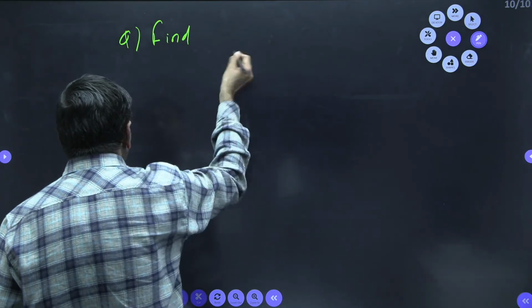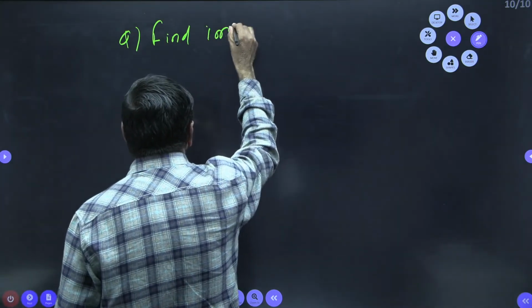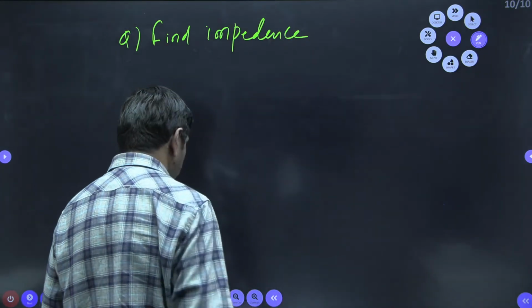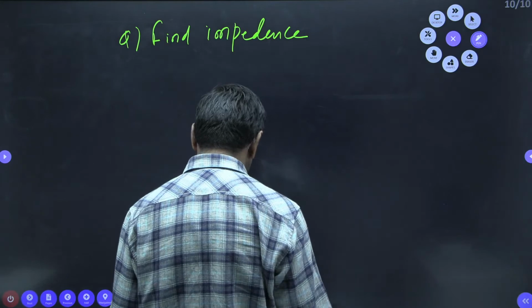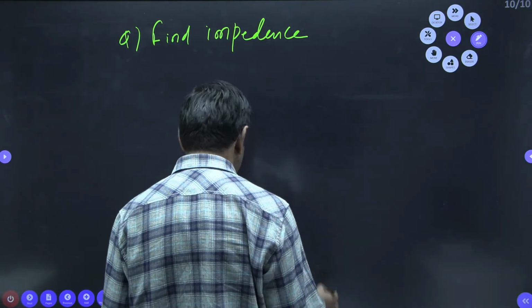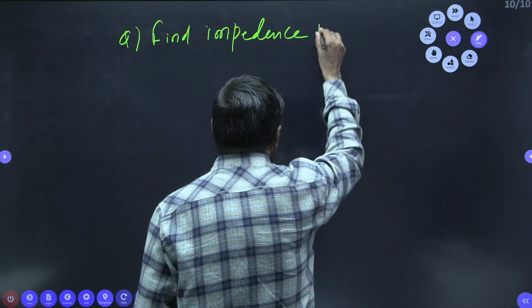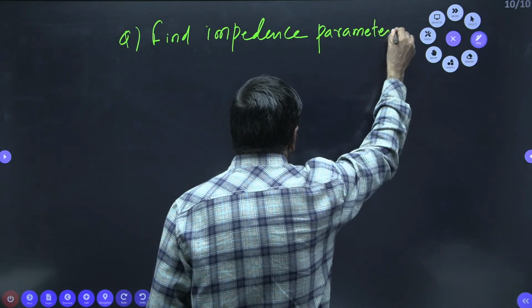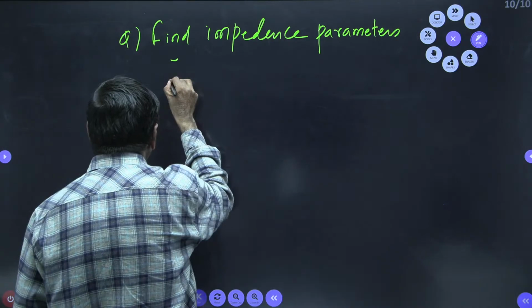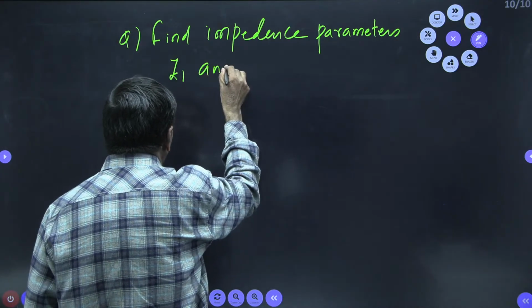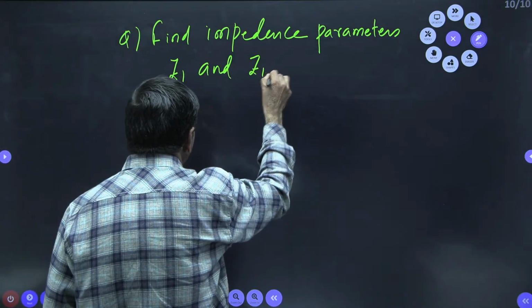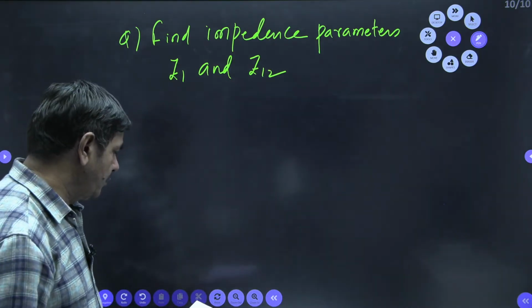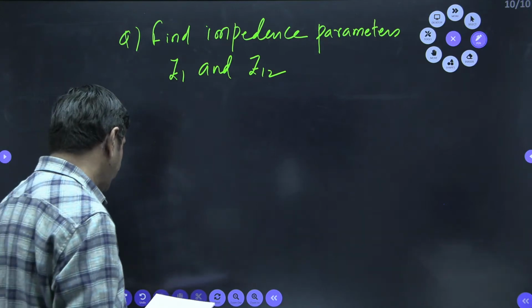Impedance means Z parameters. But it is not asking for all the parameters. It asks to find Z11 and also Z12. Required are Z11 and Z12, only two Z parameters.